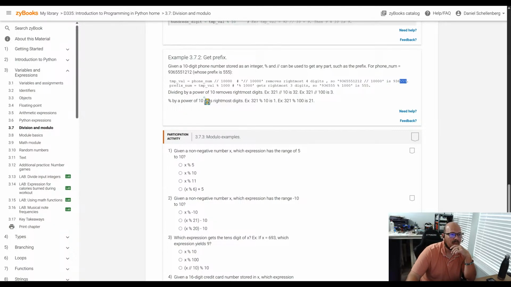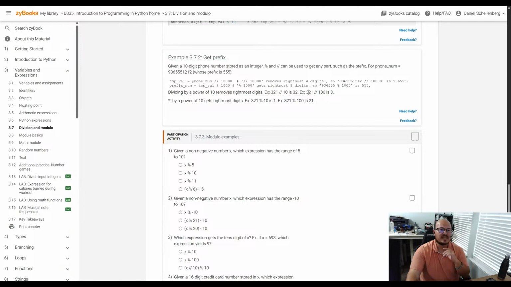Dividing by a power of 10 removes rightmost digits. Example, 321 floor division 10 is 32. Example, 321 modulo 100 is 3 because it moved over decimals.